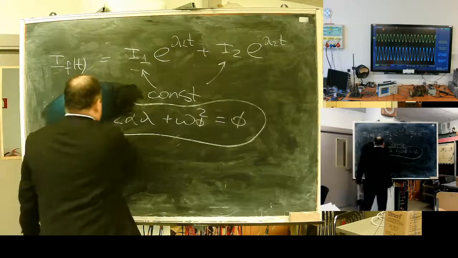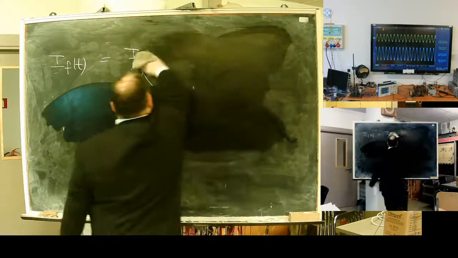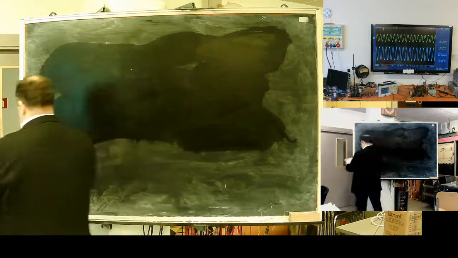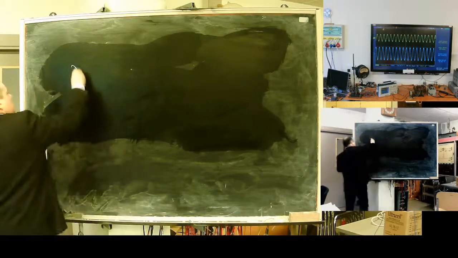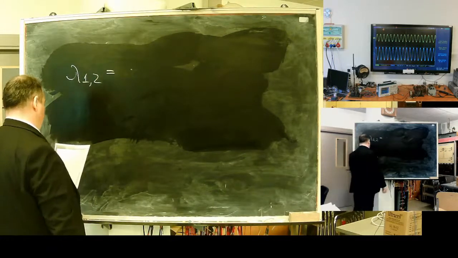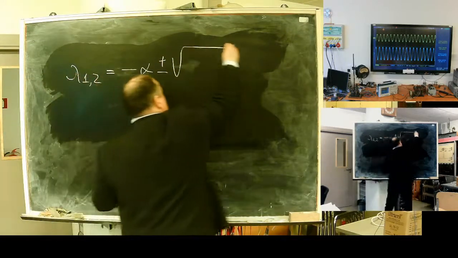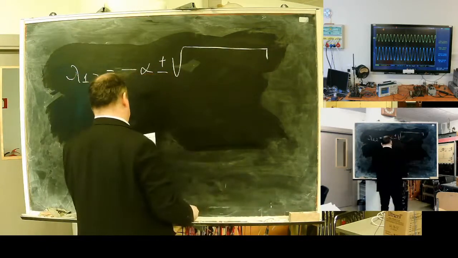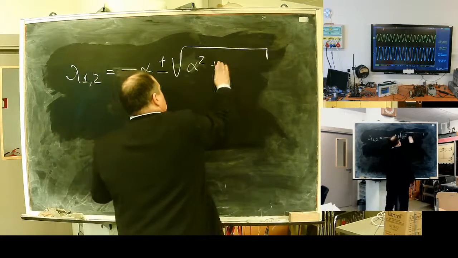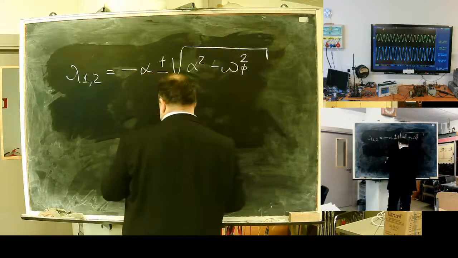So from simple math, we can write what these lambdas 1 and 2 are: minus alpha plus or minus the square root of alpha squared minus omega 0 squared.